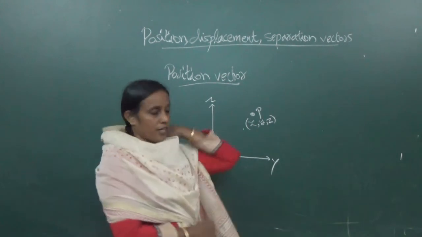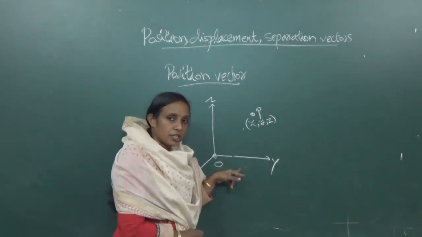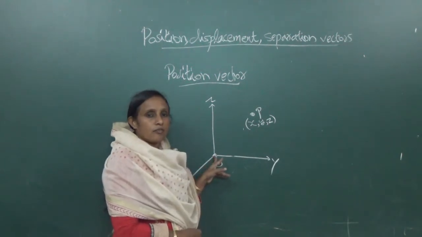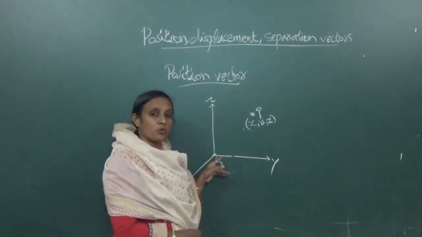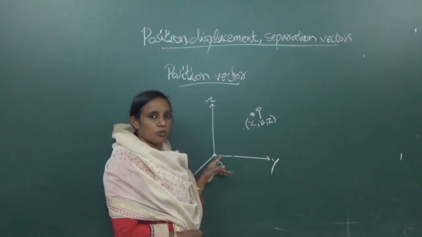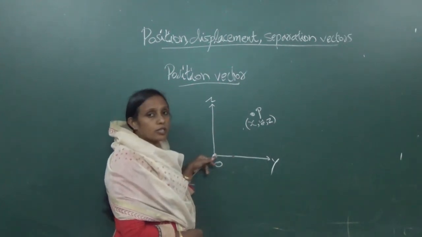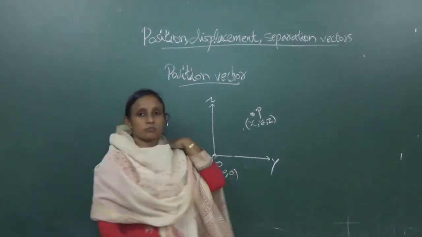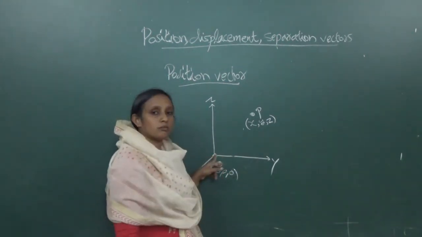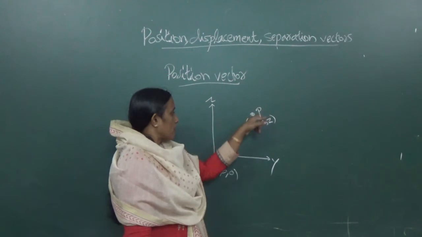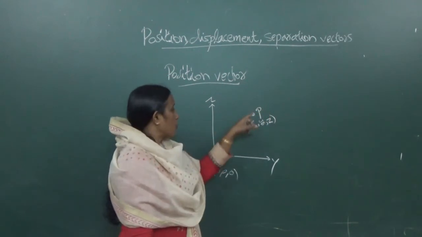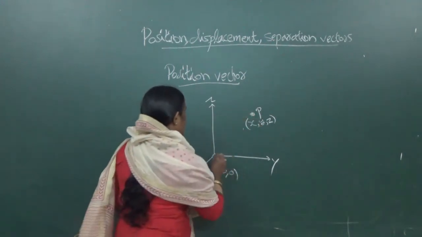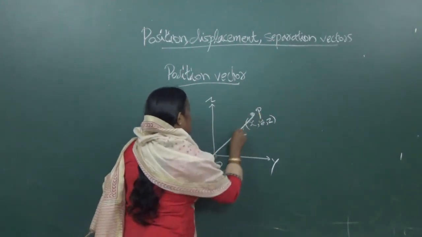The location of the origin is 0, 0, 0, all the coordinates are 0. From this origin, we can draw a vector to the point P. This vector is called the position vector of P.